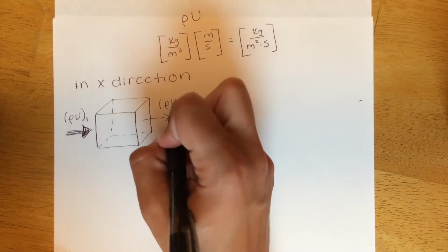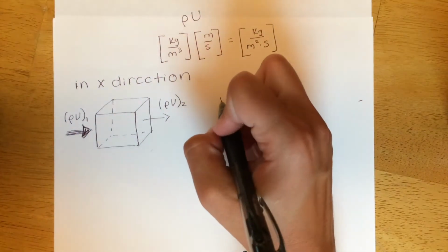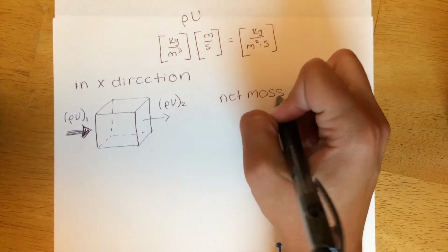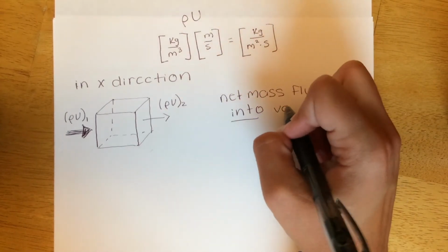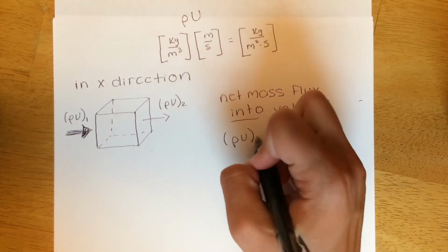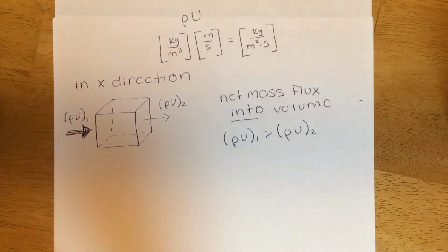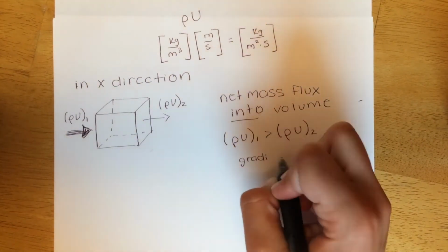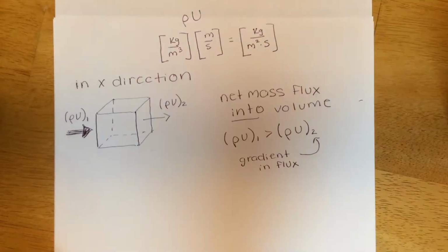Let's label these rho u1 and rho u2. Our net mass flux is into the volume, meaning that the amount of mass coming into the volume is larger than the amount of mass leaving the volume. So rho u1 is larger than rho u2. Or, in other words, we have a gradient in flux across the box in the x direction.